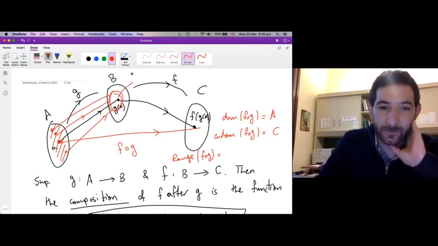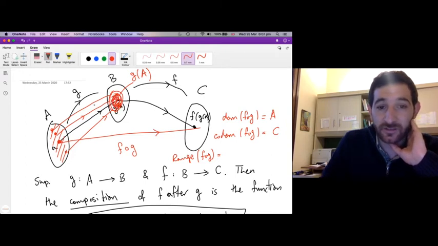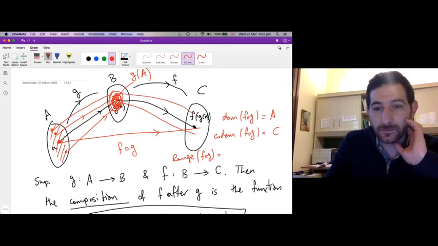So this is g of A, the range of g, and then we apply f to this set. So this set is the set of all images of g, then we apply f to it, and this will be the range of the composition.